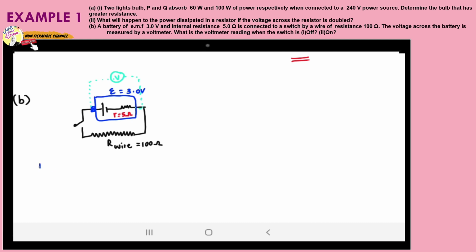So when the switch is off, no current flows, where I is equal to 0. No current flows through the wire and no current flows through the internal resistance. So no current flows in the circuit.